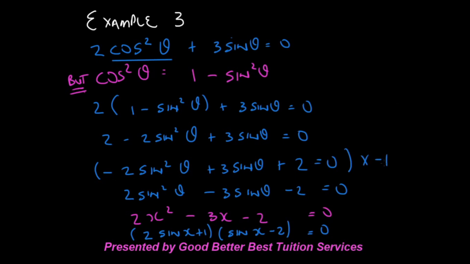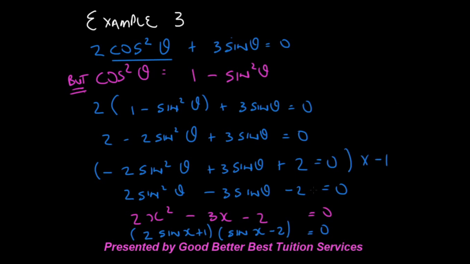When we multiply the expression by negative 1, we get 2 sine squared theta minus 3 sine theta minus 2. Because we want to factorize it, and we can factorize it with a negative in front, but it makes life a little bit complicated. So we multiply the entire expression by negative 1, and that gives us 2 sine squared theta minus 3 sine theta minus 2, which we factorize.